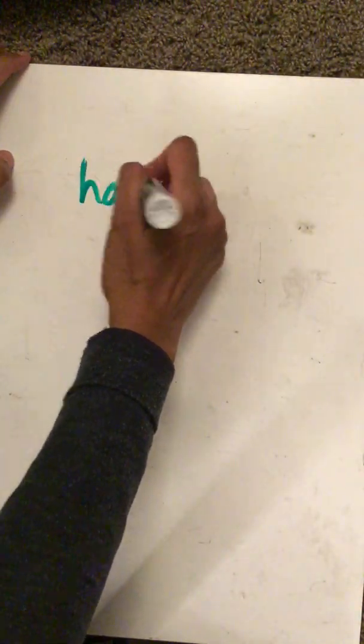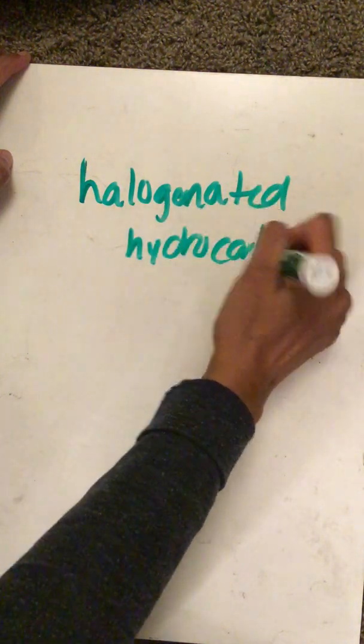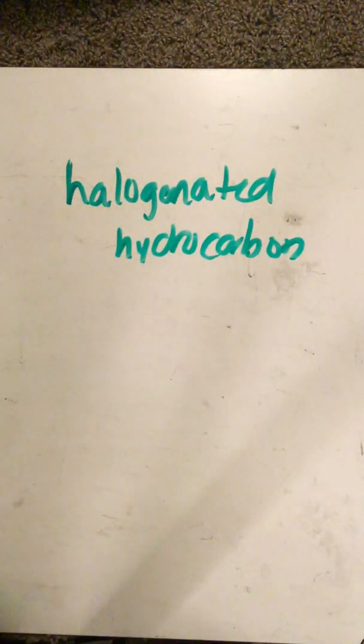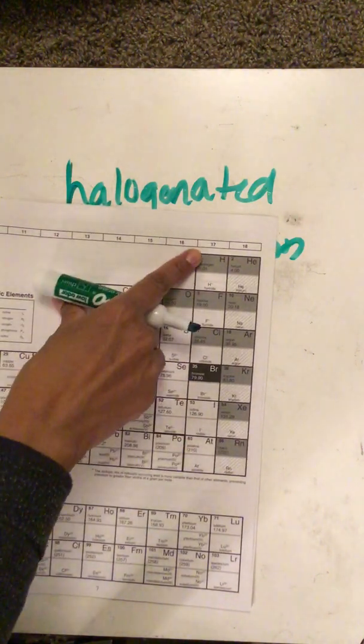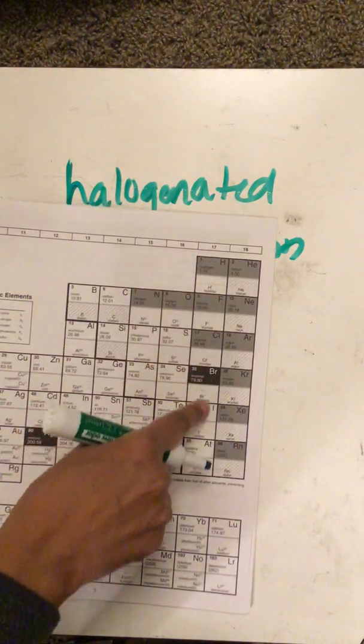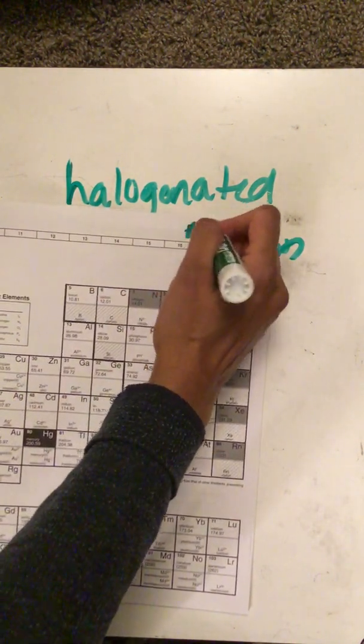Now, halogenated hydrocarbons, that name sounds like it's a hard name, but when you're talking about halogens, you have to remember your periodic table that you learned about in Science 10. So these are your halogens. Group 17, if you're part of this vertical row, you are called a halogen.